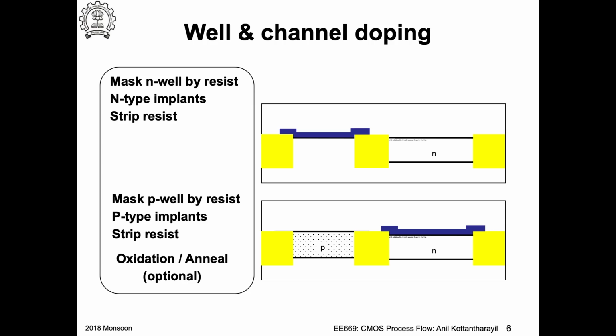But then next come your transistor design related implantation. There is something called an anti-punch-through implant in transistors. Essentially, when you apply a drain voltage to your transistor's drain, the depletion region that is formed should not encroach the whole channel length and go and meet the depletion region from the source side.